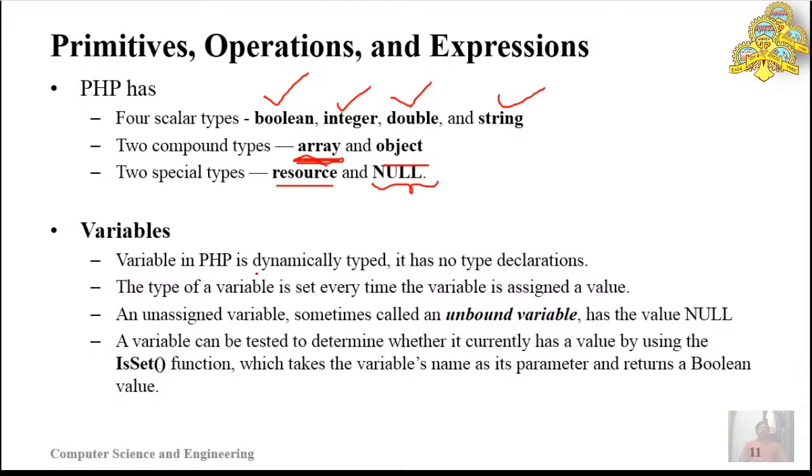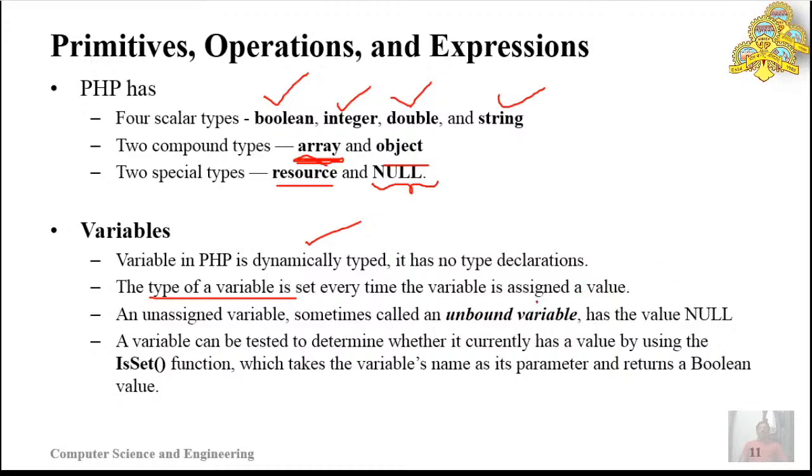Variables in PHP are dynamically typed. There is no type declaration. In C language, we have to declare a variable, like int a, float p. But in PHP, no such declaration is required. Straight away use any variable by assigning some value. The type of the variable is set every time the variable is assigned a value.